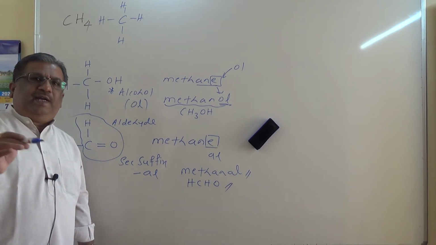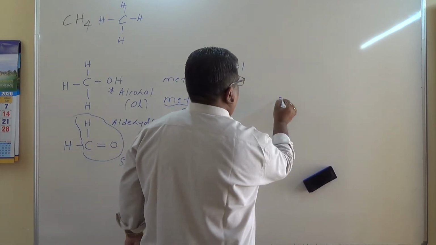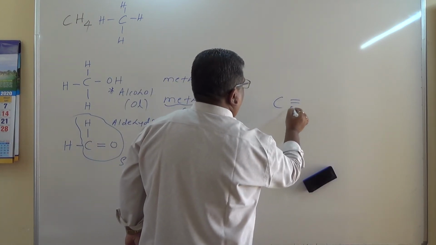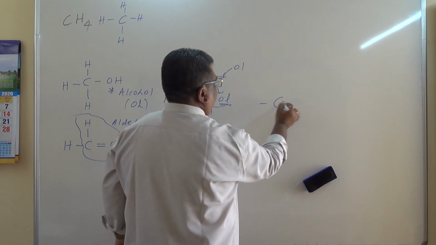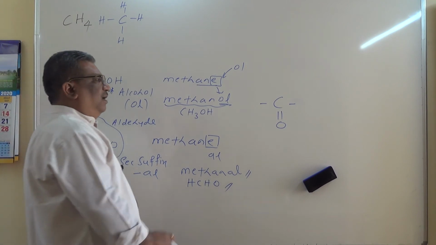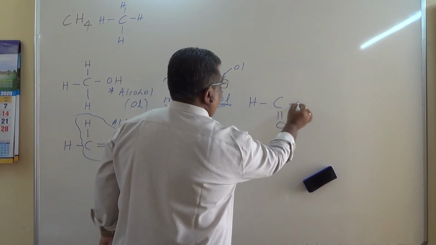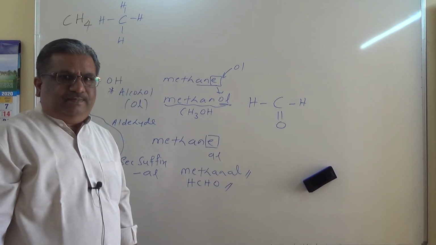Can we form a ketone here? Can we form ketone? C double bond O, this is how we represent ketone. C double bond O, one bond here, one bond here. Please remember, if I put H over here and H over here, valence is balanced.